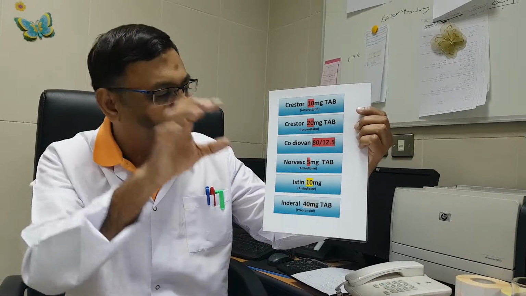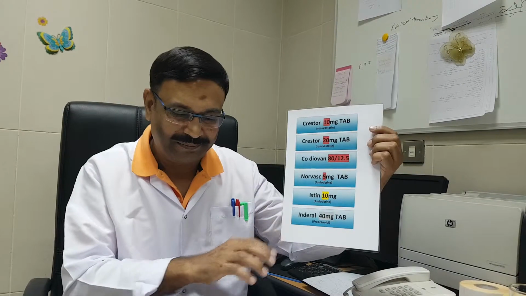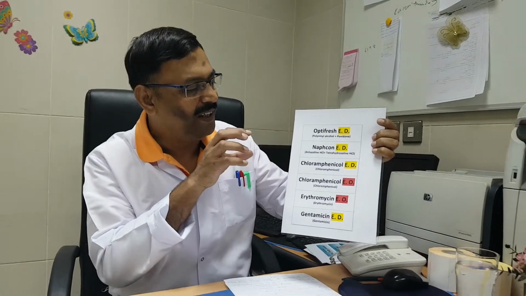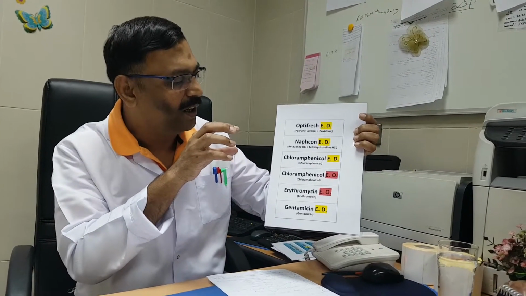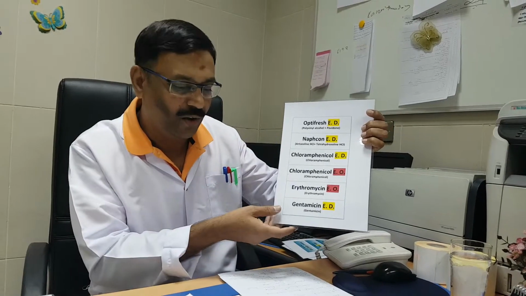To highlight the strengths, we use different colors. Similarly, look at the labels. Here we highlight with color the site of action or the formulation: eye drops, eye ointment.